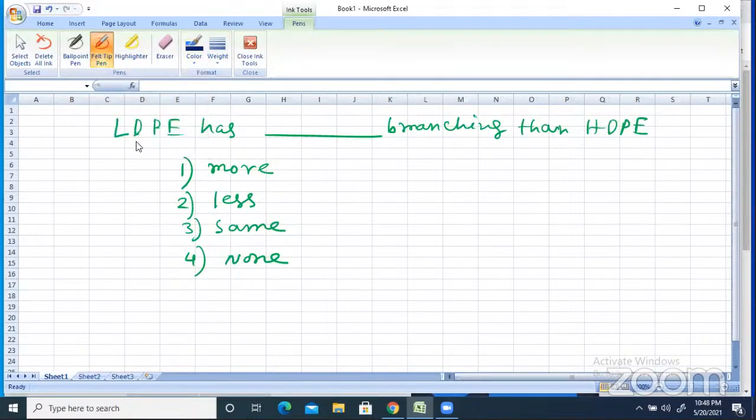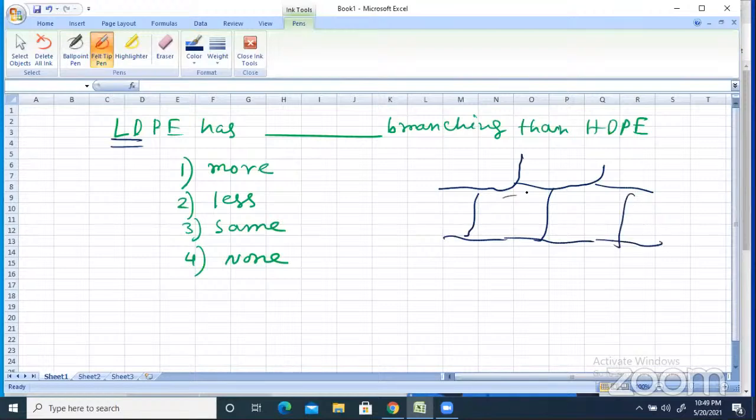LDPE means low density. When density is low, it is loosely bound. If the structure is like that, in between there are more branching. Then the void is there, porosity is there in the structure, and it is flexible, loose. If they are denser, then it will be very closely packed.